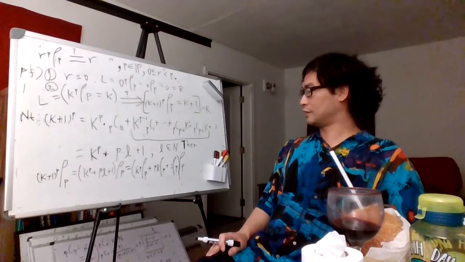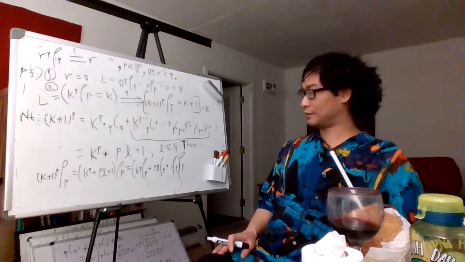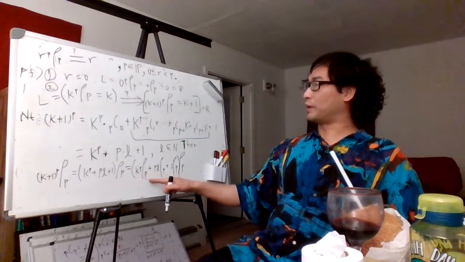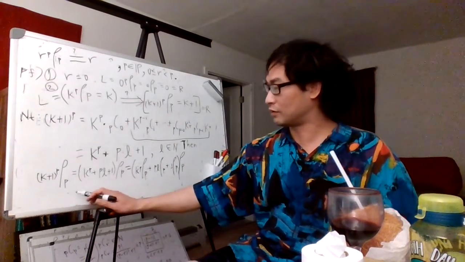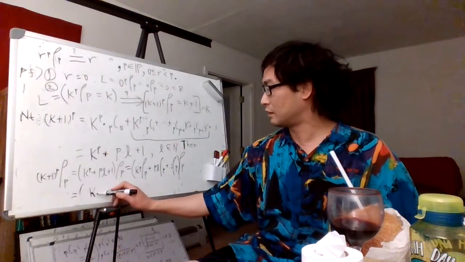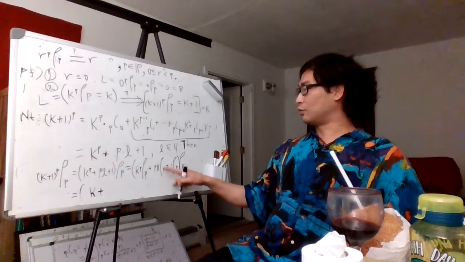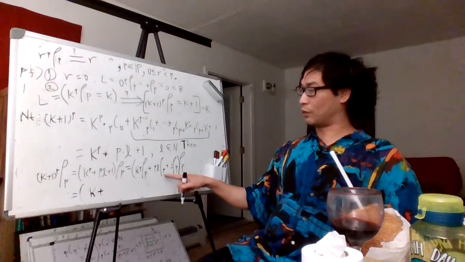Distribution theorem, which we already proved. Now, k to the pth, rho p, we assume that that's k, by the mathematical induction assumption. So this becomes k. P times L rho p, that's 0, by definition of rho algebra.